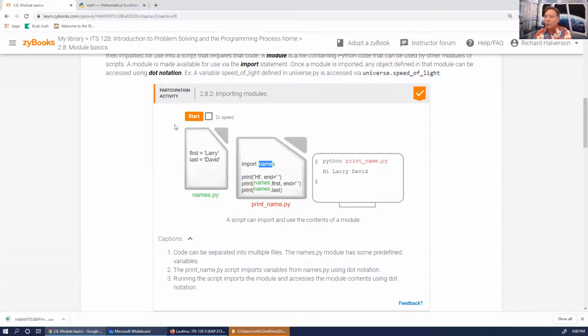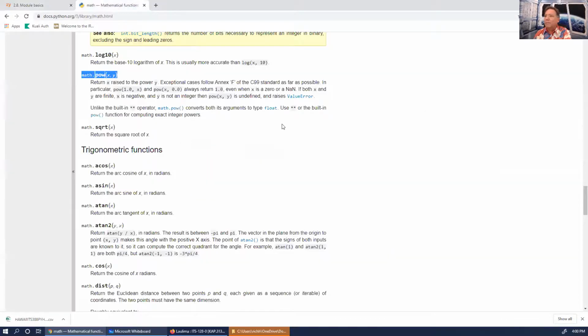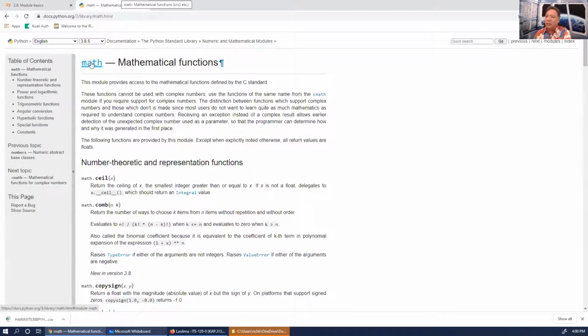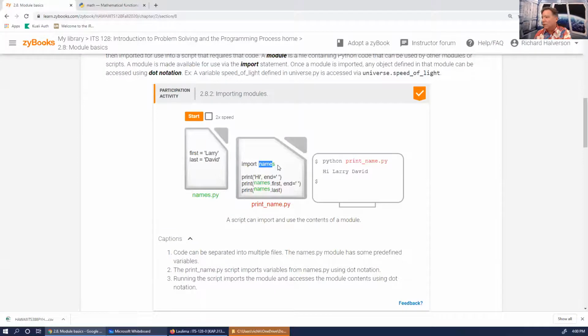You recall in the exercises we were just doing, we imported the math module so we could take advantage of the extra methods it provides. Here we're importing something that we named: another file called names.py, which does two assignments.